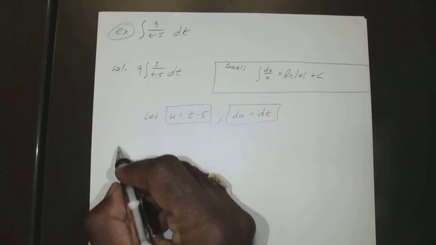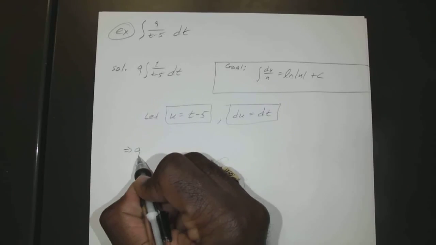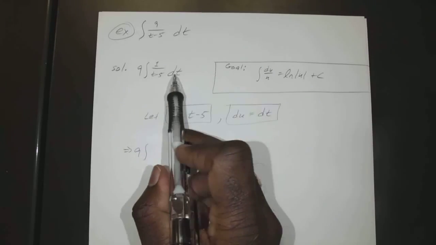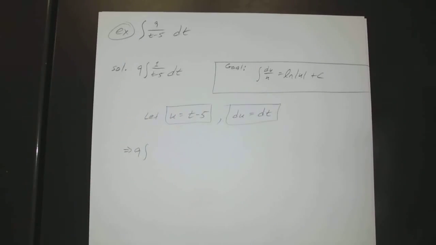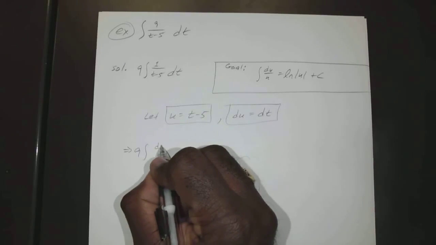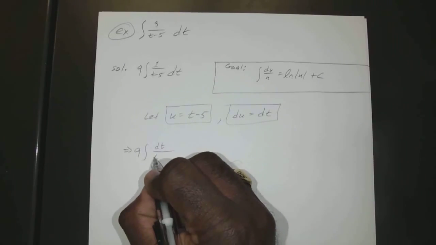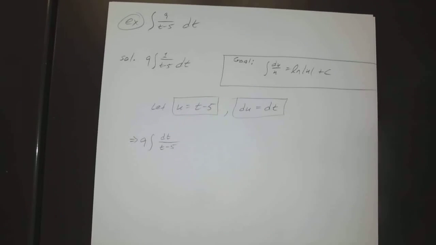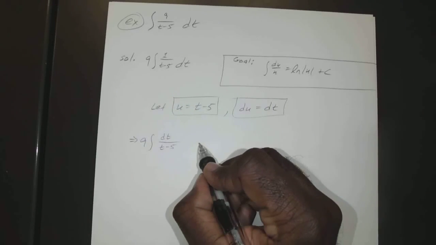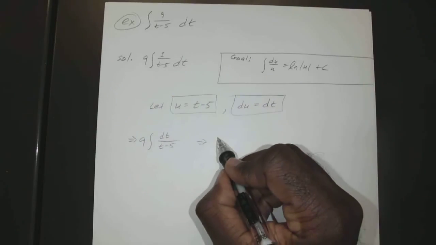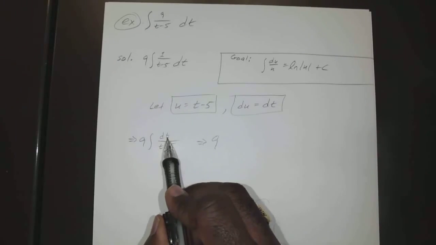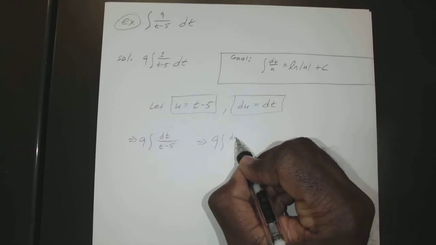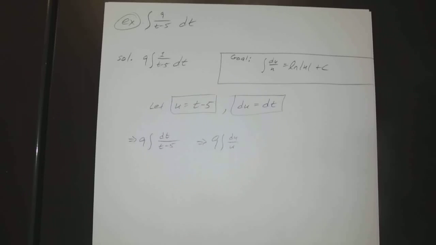Okay, so if we rewrote this one, 9 times the integral, we just bring our dt up to the top. dt over t minus 5. Then we can rewrite it as 9 times the integral of du over u.